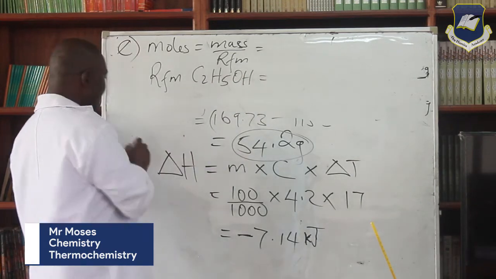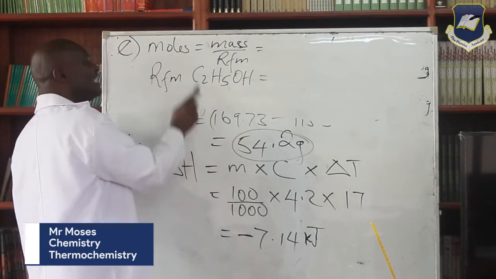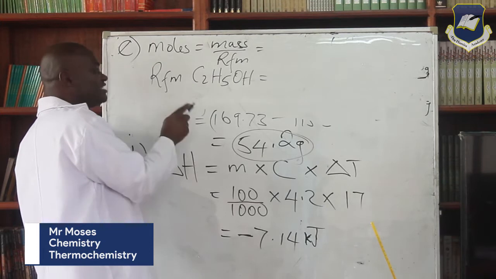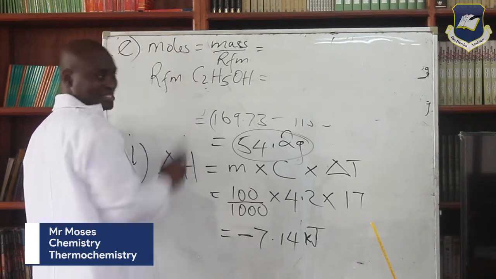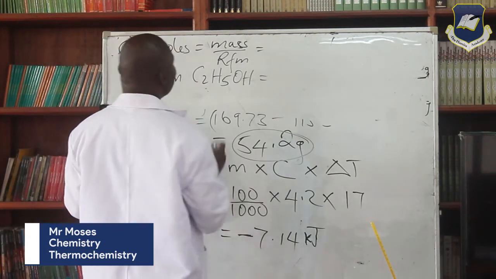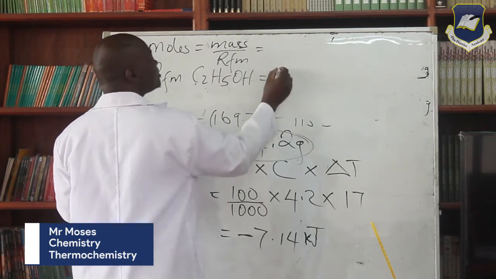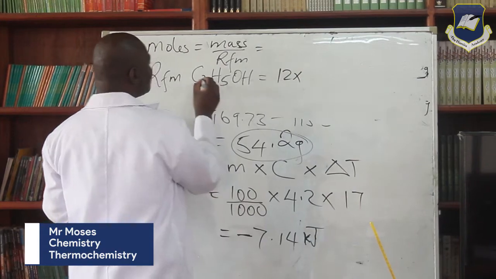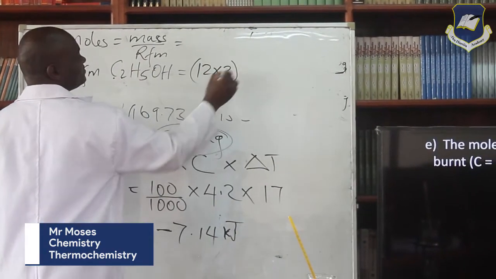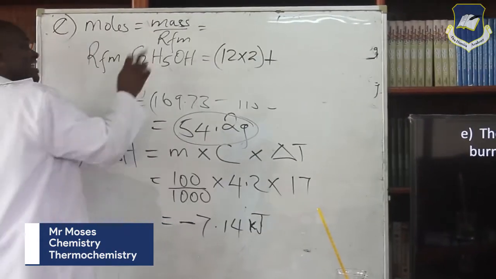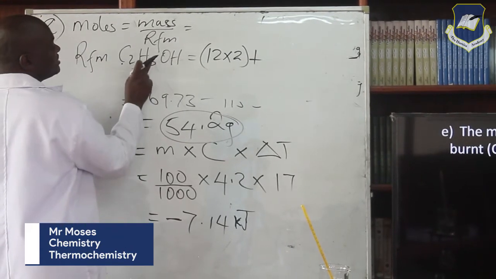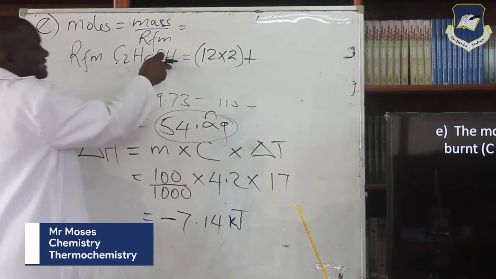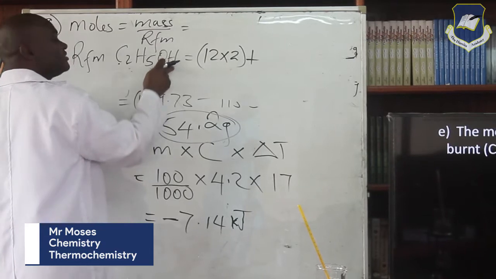So the RFM of ethanol, you add the relative atomic masses of the atoms that constitute the ethanol as a compound. So we have carbon is 12, and we are given those values there, and we have 2 carbon atoms plus hydrogen. How many atoms? 5 plus 1? 6 atoms times 1.